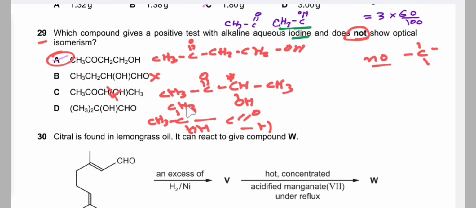But here we can see that there is a dimethyl hydroxyl group. Therefore, this option is wrong. Although it does not show optical isomerism, since it is a dimethyl hydroxyl group, this option is wrong. So the more appropriate answer is A.